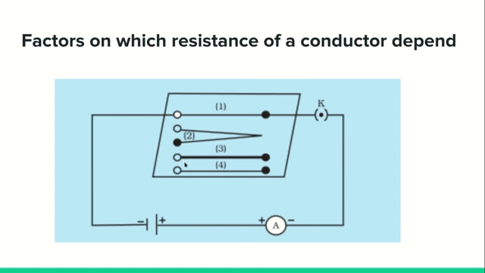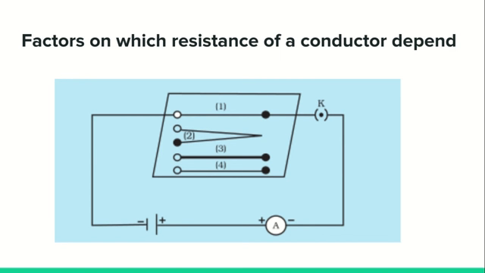And then the third time we are connecting a nichrome wire of 1 meter but with higher thickness. And then the fourth time we are connecting these ends using a 1 meter copper wire. From this we draw a lot of conclusions.